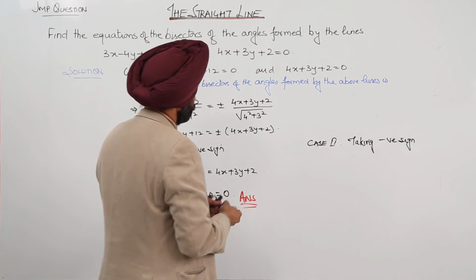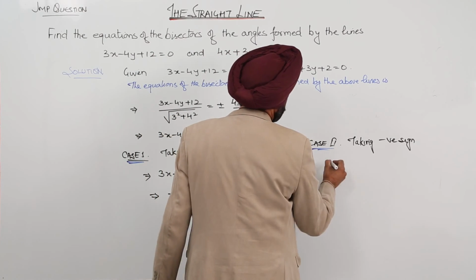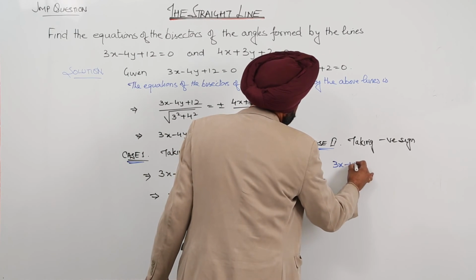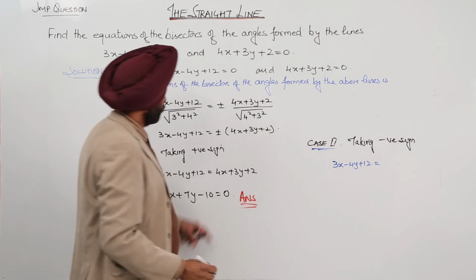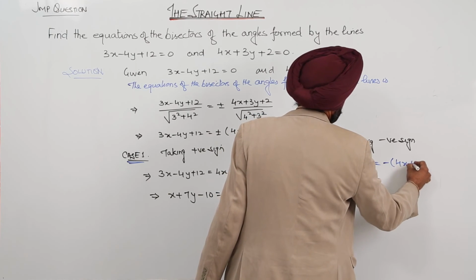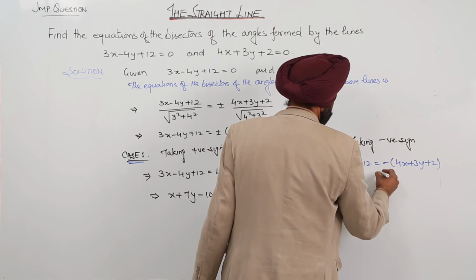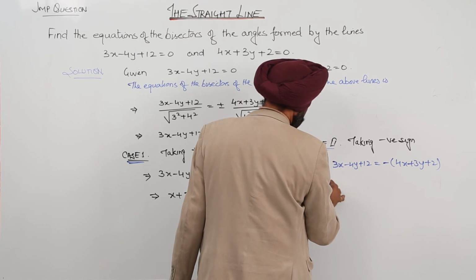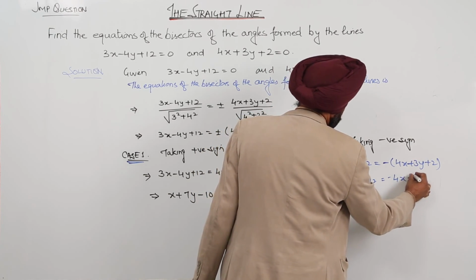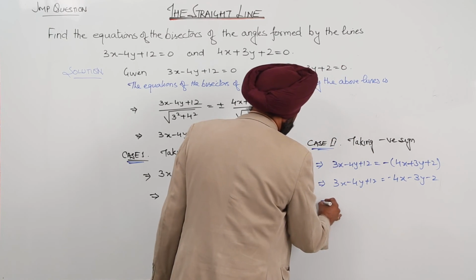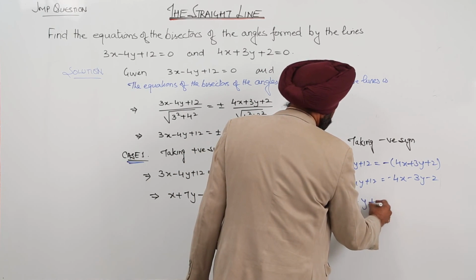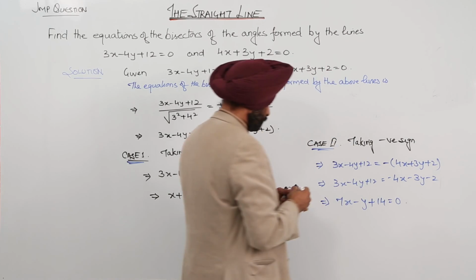So for the negative sign, the equation will be 3x minus 4y plus 12 is equal to negative of (4x plus 3y plus 2). 3x minus 4y plus 12 is equal to negative of 4x, negative of 3y, negative of 2, and this becomes 7x minus y plus 14 is equal to 0.